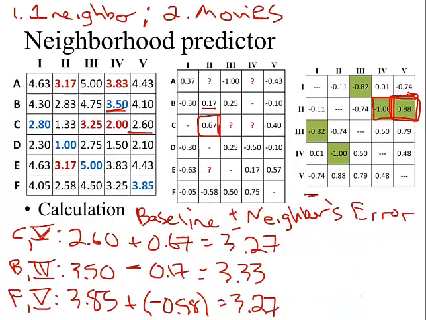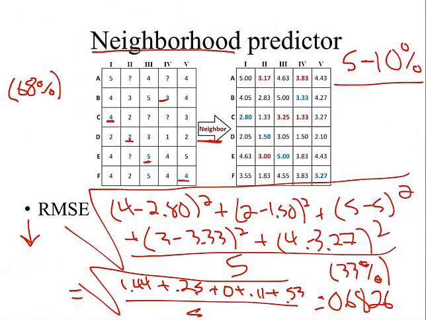For instance, we had user F's rating of movie 5. We predicted a value of 3.27 with the neighborhood predictor, and before, with the baseline, it was 3.85. And the actual rating was 4. So the baseline predictor was actually closer for user F's rating of movie 5.